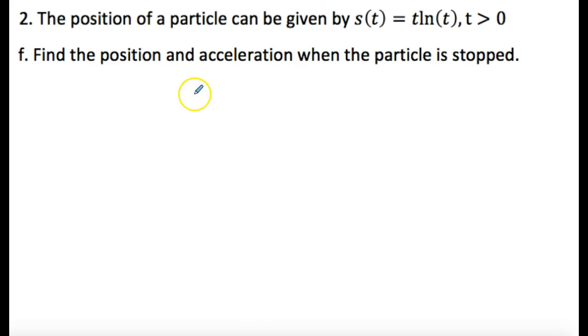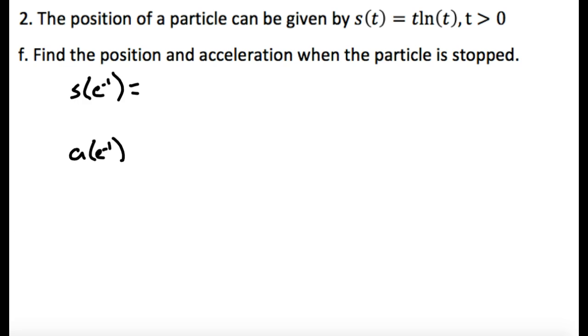All right, you guys take a second and find the position and acceleration when the particle is stopped. All right, so what that means is we want to evaluate s of e to the -1 and a of e to the -1.